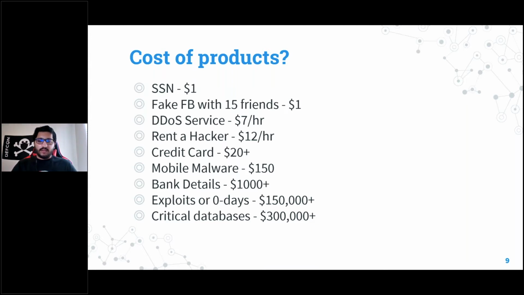And experts for 0 days, $150,000. In recent news, you might have read about 150,000 cloud databases leaked or Facebook accounts leaked. These things happen every month or so. So that's why we focus more on the dark web to identify the database leaks.